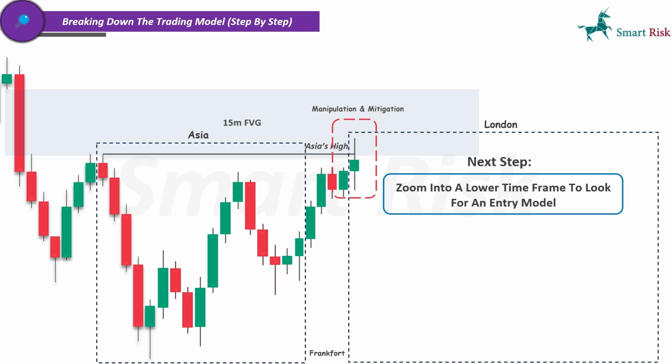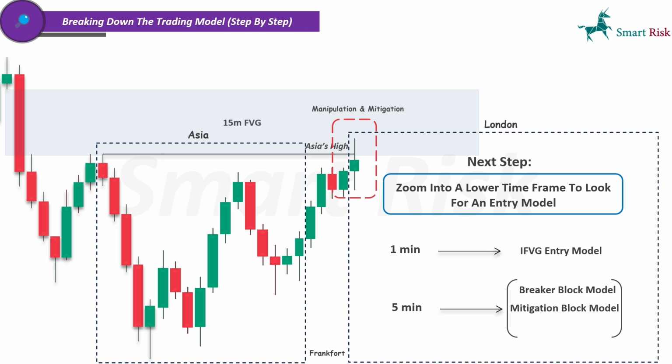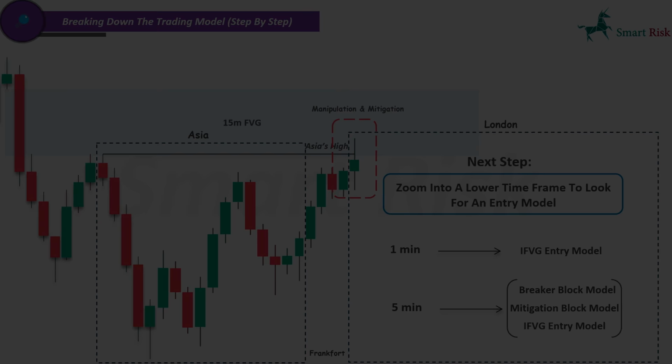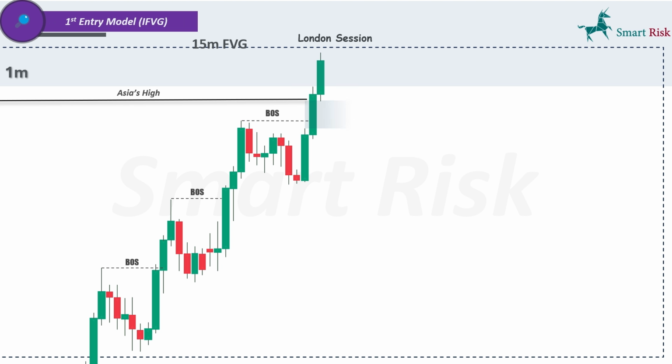At this stage, if I'm using the 1-minute chart, I usually prefer to look for an inversion fair value gap forming right after the liquidity sweep. But if I'm using the 5-minute chart, I prefer looking for a breaker block, mitigation block, or IFVG that forms after the manipulation move. Now in the next step, if we are using the 1-minute time frame, we look for a violated fair value gap that flips into an inversion fair value gap.